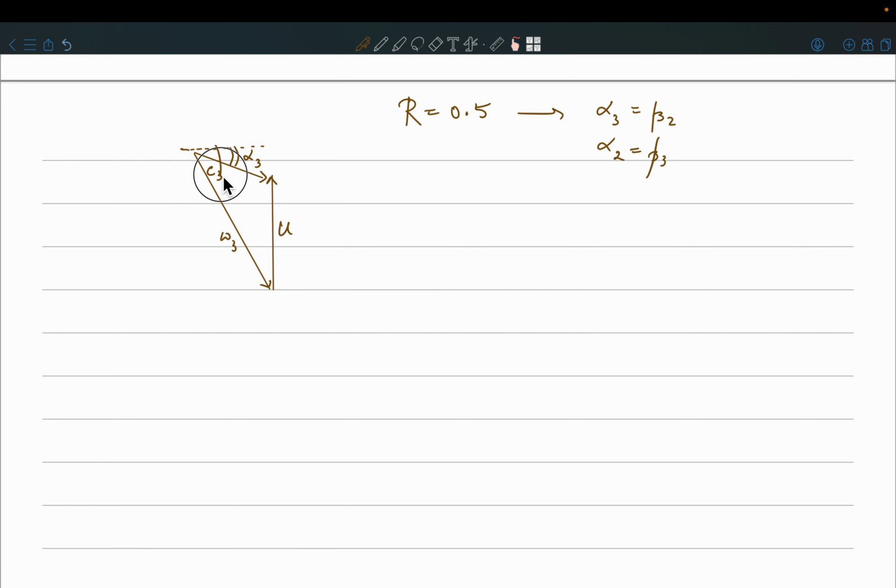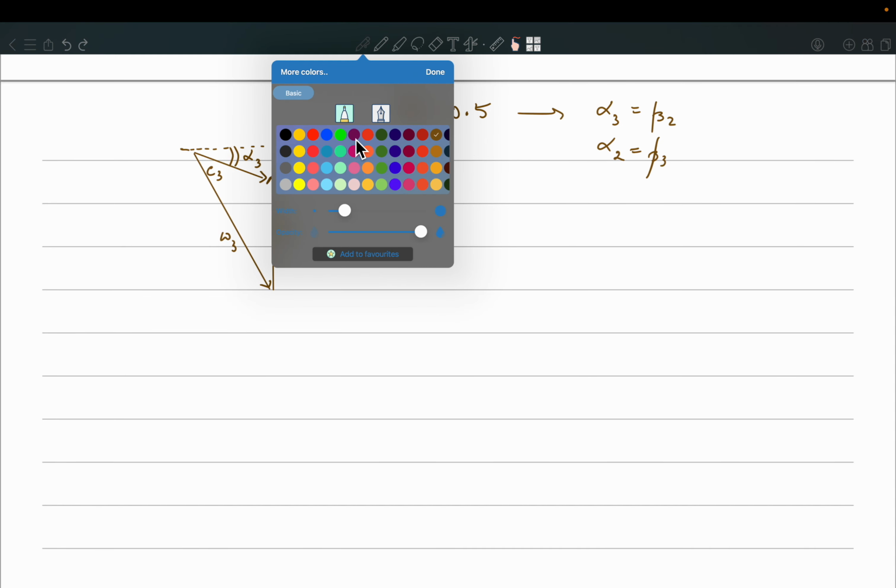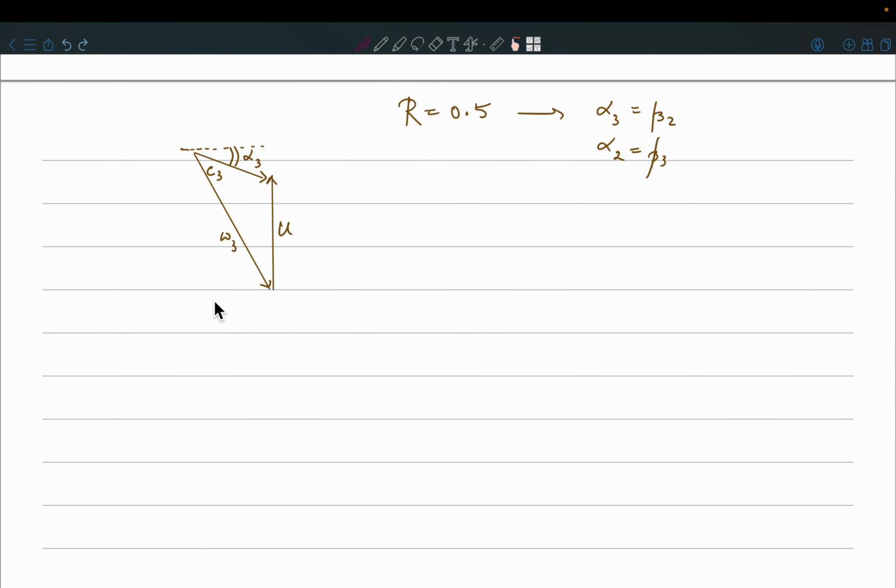Beta 3 is this angle, right? Now if I draw the other half of the velocity triangle in another color, this is going to be a symmetric looking thing. The length of W3 would be the length of C3, and the length of C3 over here will be the length of W2, and this angle is beta 2, and this beta 2 angle is equal to alpha 3.